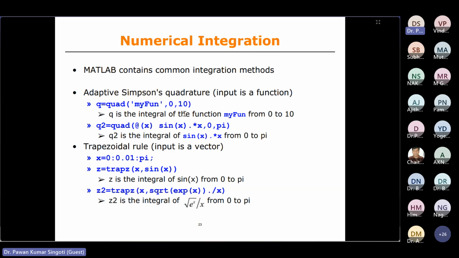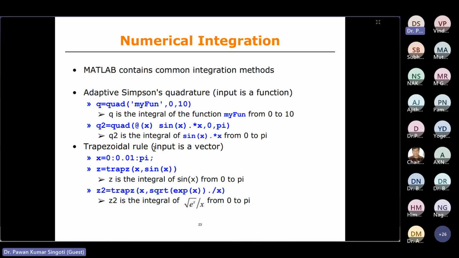So q is the integral of the function m1 from 0 to 10, integration between the limits. This q2 quad shows the integration of sin x into x from 0 to 5 in this limit. This is according to Simpson quadrature with a function as input.